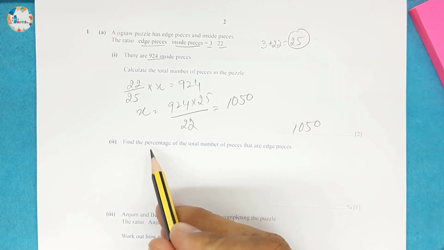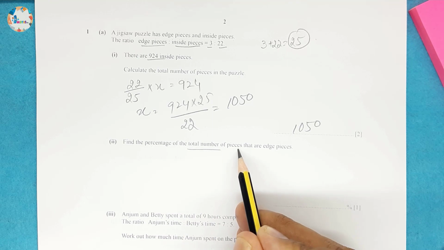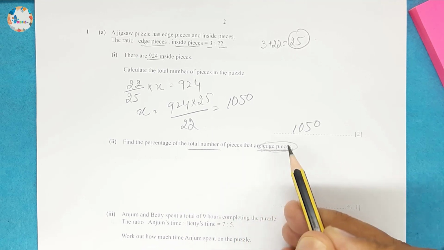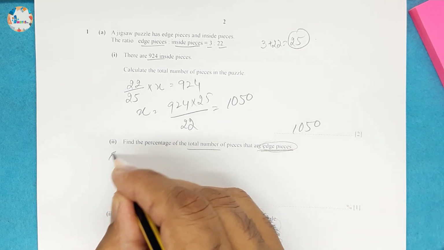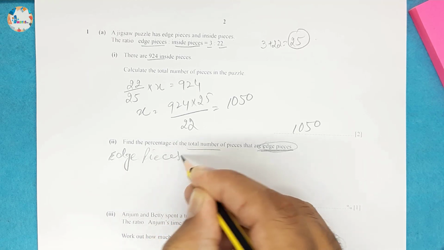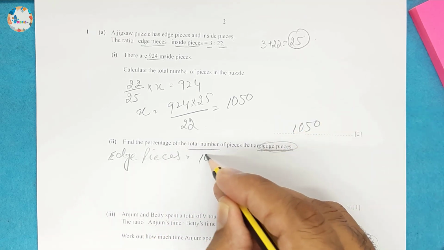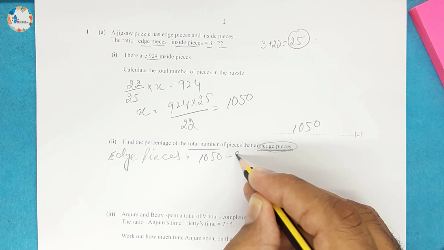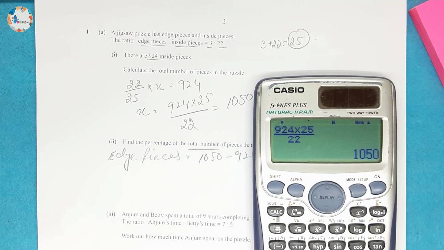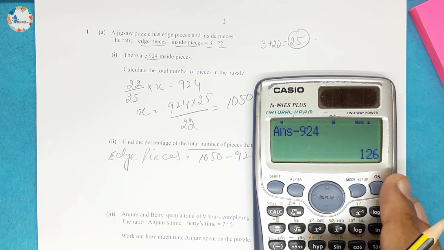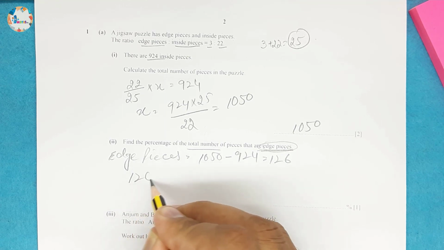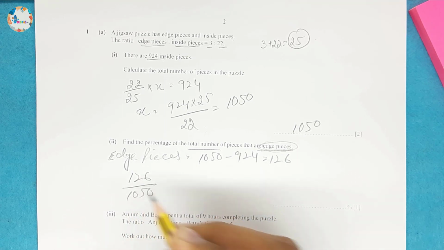Find the percentage of the total number of pieces that are edge pieces. So how many edge pieces are there? Edge pieces will be the total, 1050, minus 924, which is equal to 126. So 126 out of the total 1050 are edge pieces.